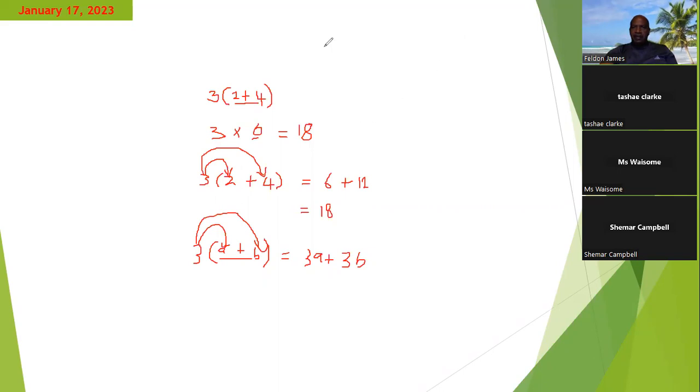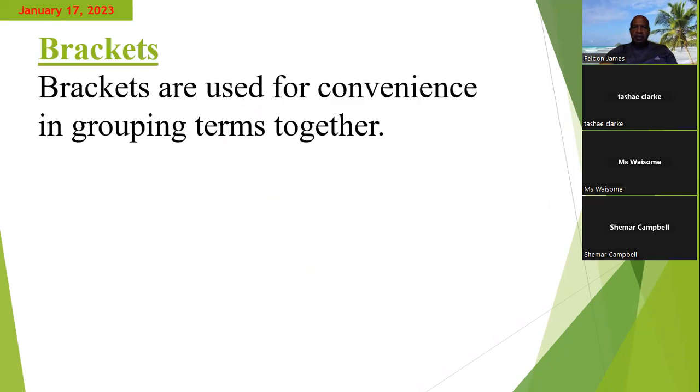All right, so with that said, we are going to move on now to look a little bit further at what we're dealing with here. Brackets are used for convenience in grouping terms together.